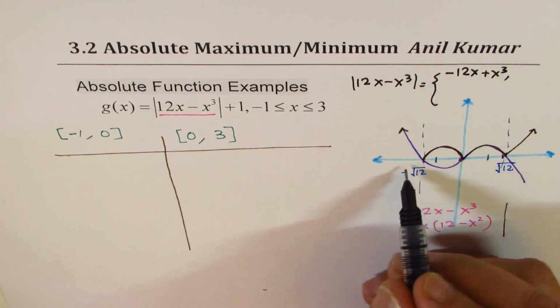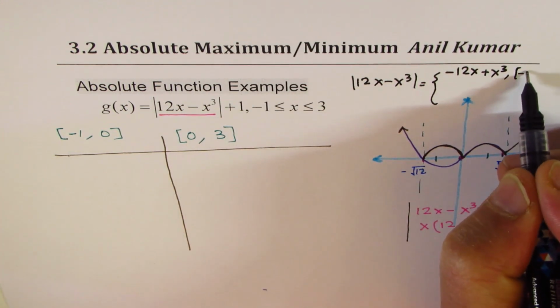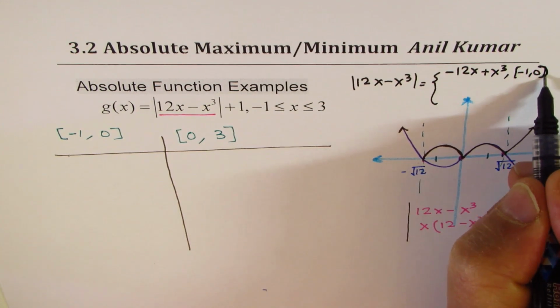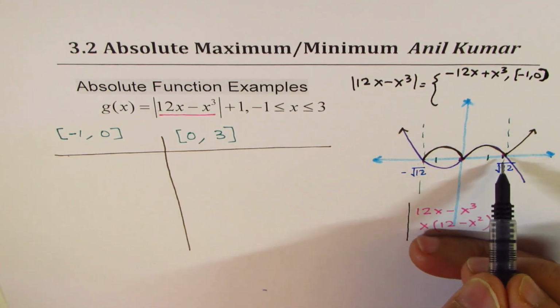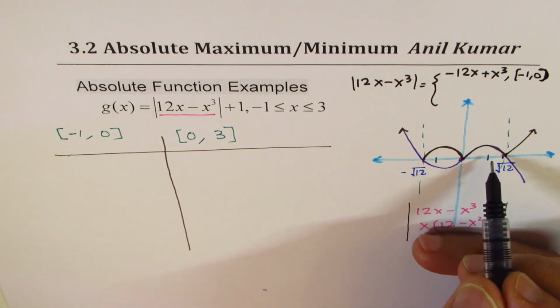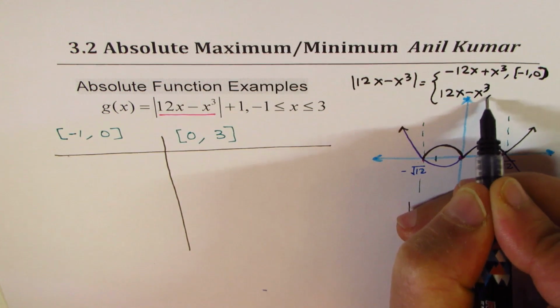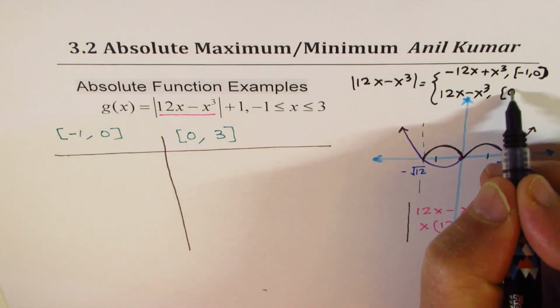That is in this interval between minus 1 to 0. Is it okay? You may not include 0 here. You will include 0 on the other side. However, on the right side, it is the same as the function itself. It is 12x minus x cubed if we are talking about the interval from 0 to 3.